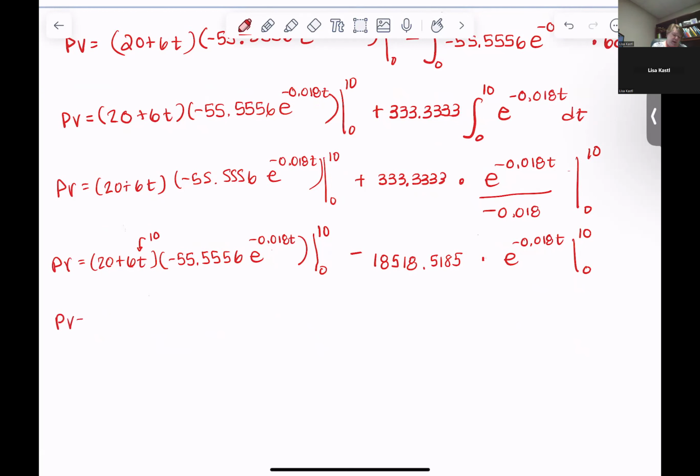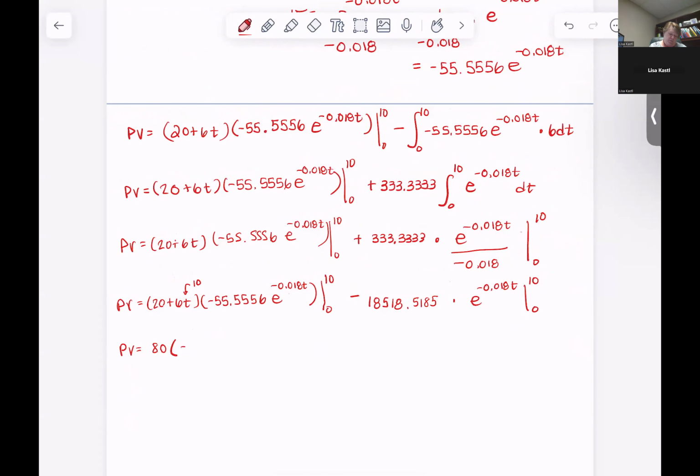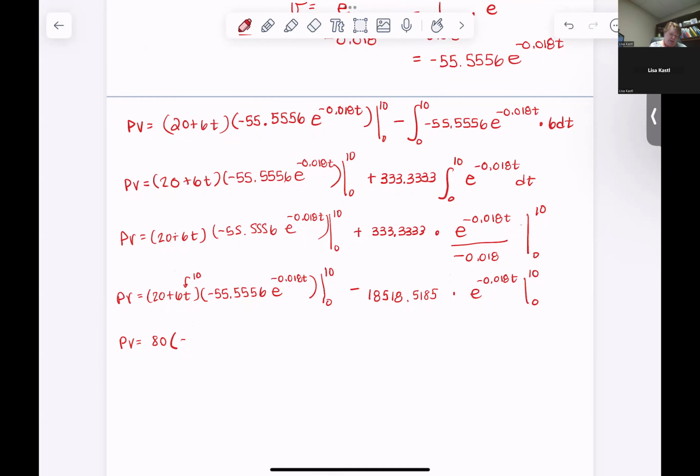So we get the present value is 80 times negative 55.5556 e to the minus 0.018 times 10, because we're first evaluating that at t equals 10. Sorry, I'm having notepad problems here. It's wanting to add stray characters. So there's the first part of that.